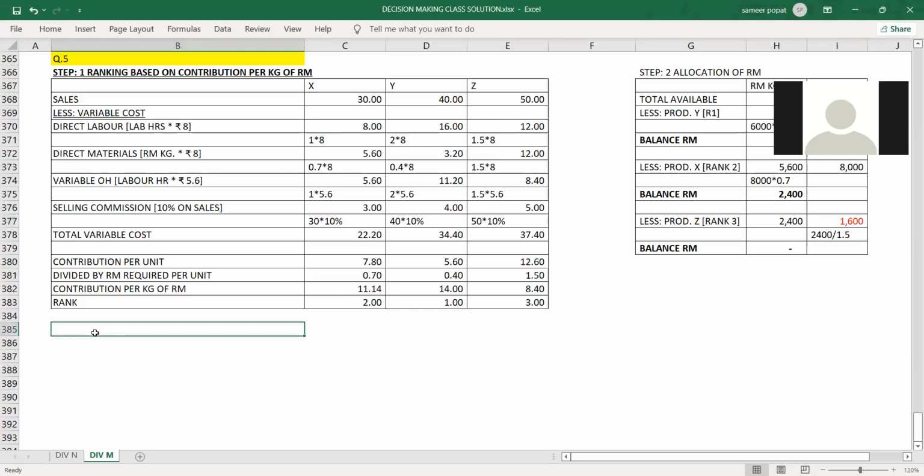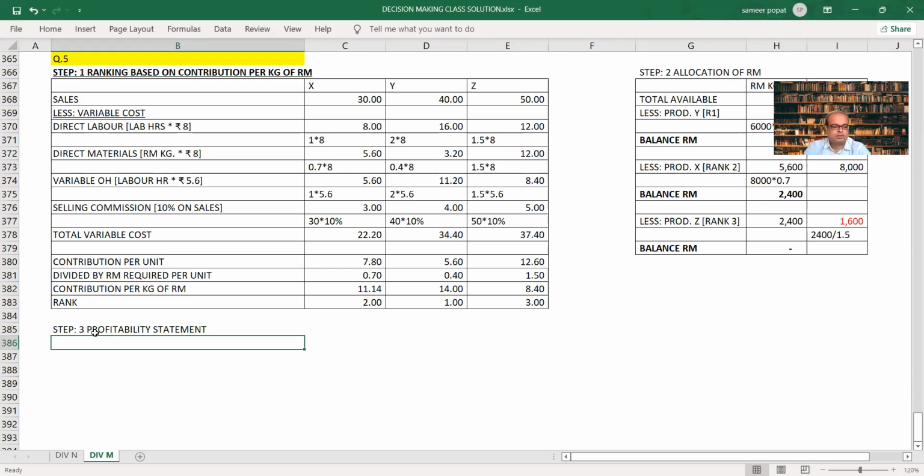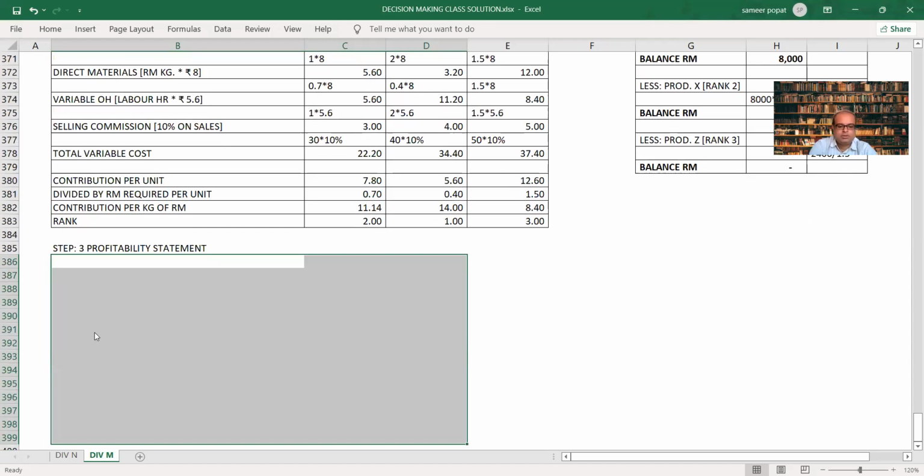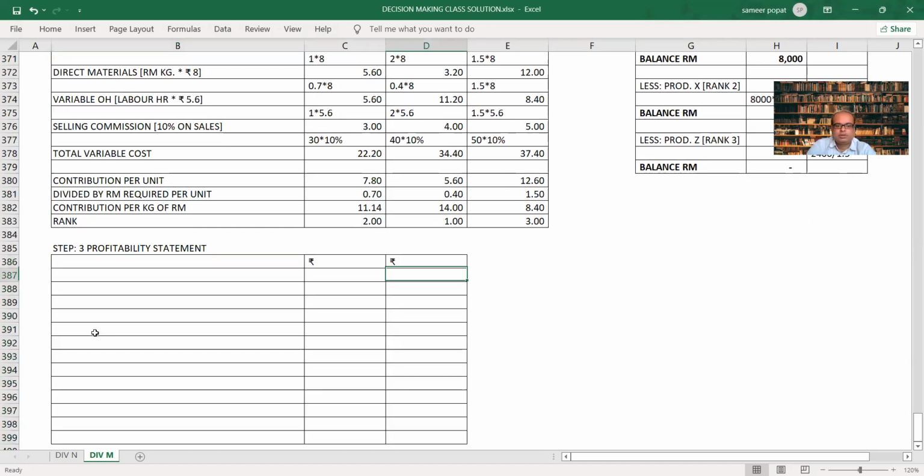Okay. Now, based on this ranking, just we need to find profitability. That is our last step, step number 3. Okay. Now, let us start with contribution.